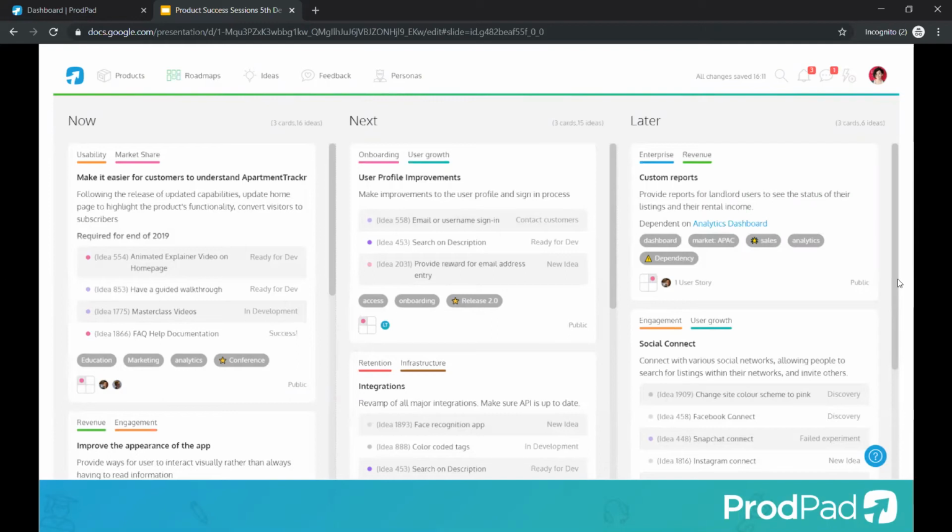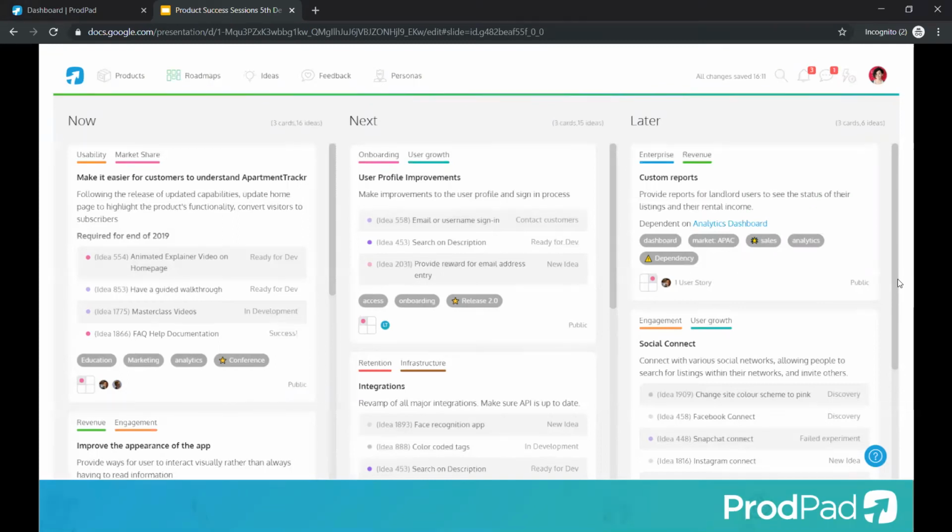If you're still moving into this approach of opening up product and product thinking to your company, and maybe adding everyone into ProdPad is a step too far at this stage, although we can definitely discuss that with you and help you come up with a strategy to do that, you can publish your roadmap as well.